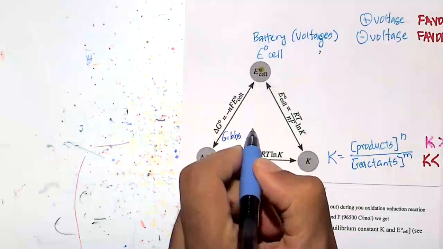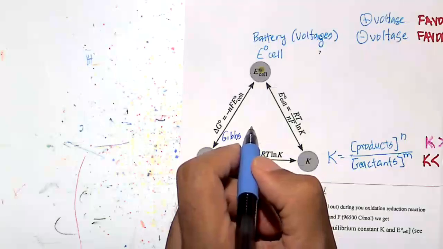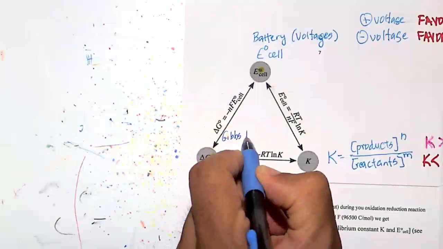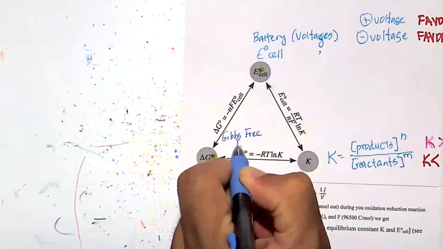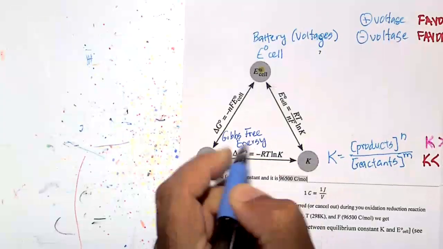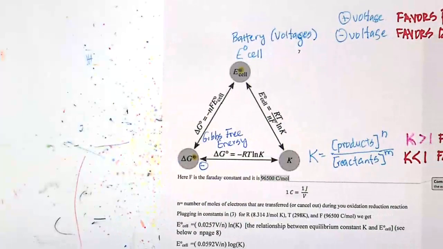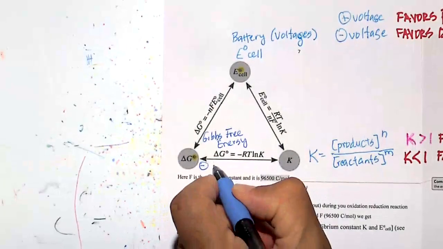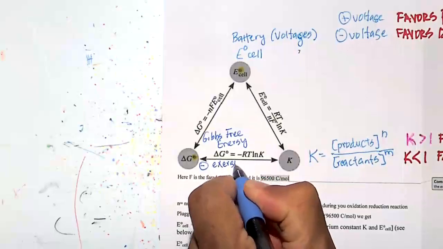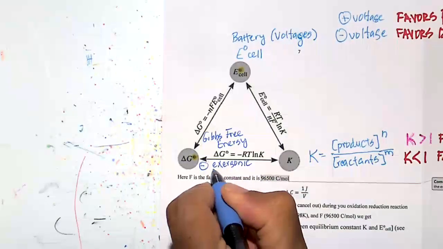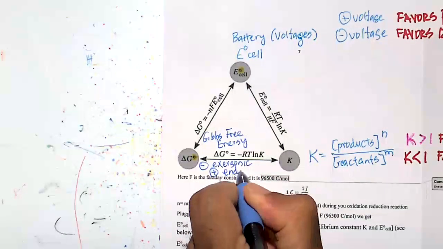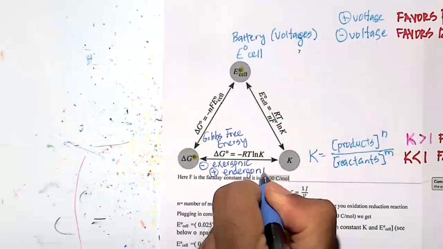And we're looking to see if the reaction is, from the perspective of thermodynamics, favorable or not. So here, if your delta G is negative, it is exergonic. And if your delta G is positive, it is endergonic.